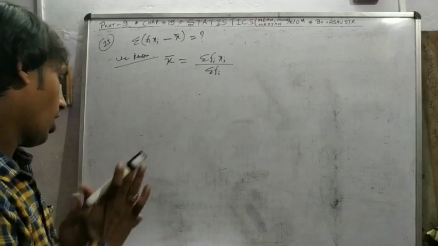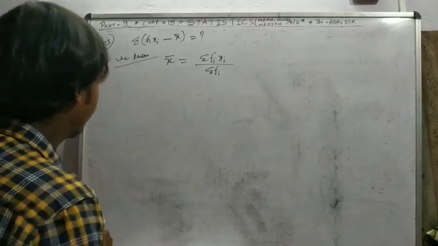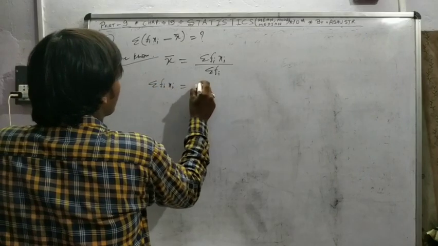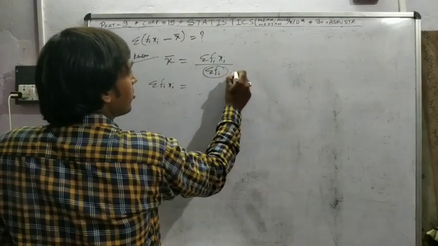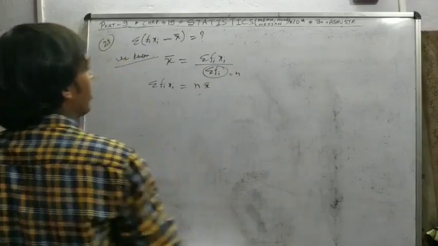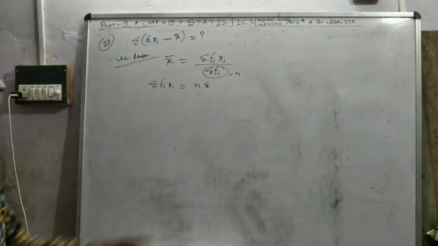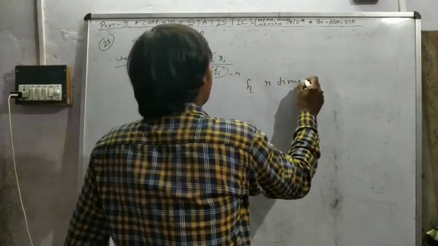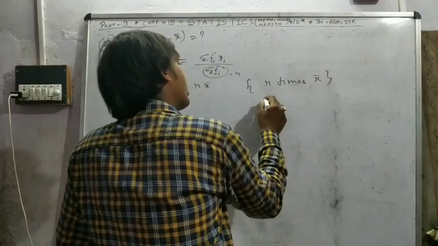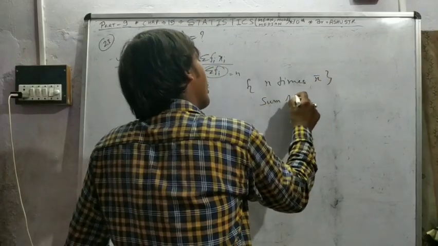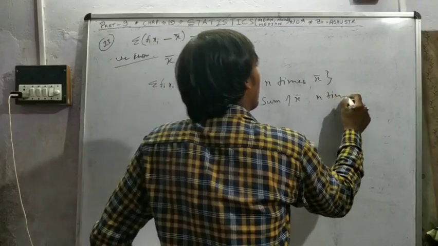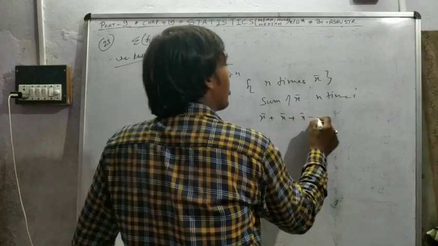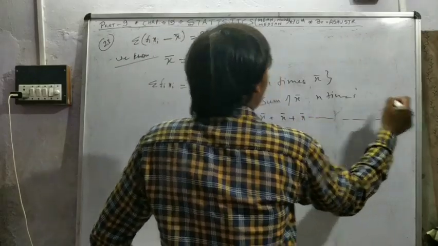From here we can find that summation of fx is equal to n x bar. Where n is the sum of frequencies. Nx bar means n times x bar, or you can say x bar plus x bar plus x bar, n times. That means this.